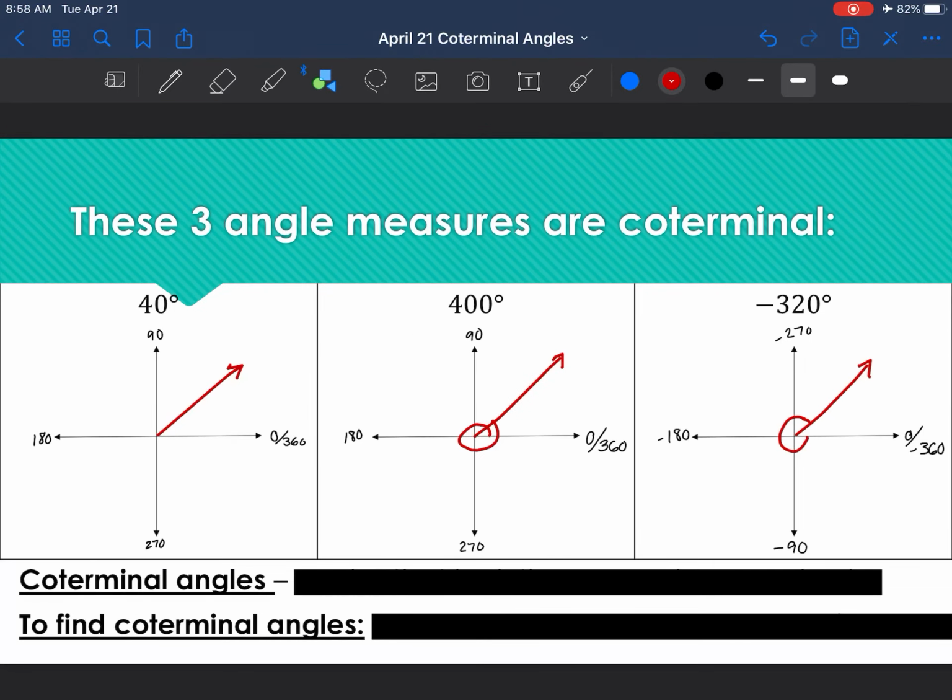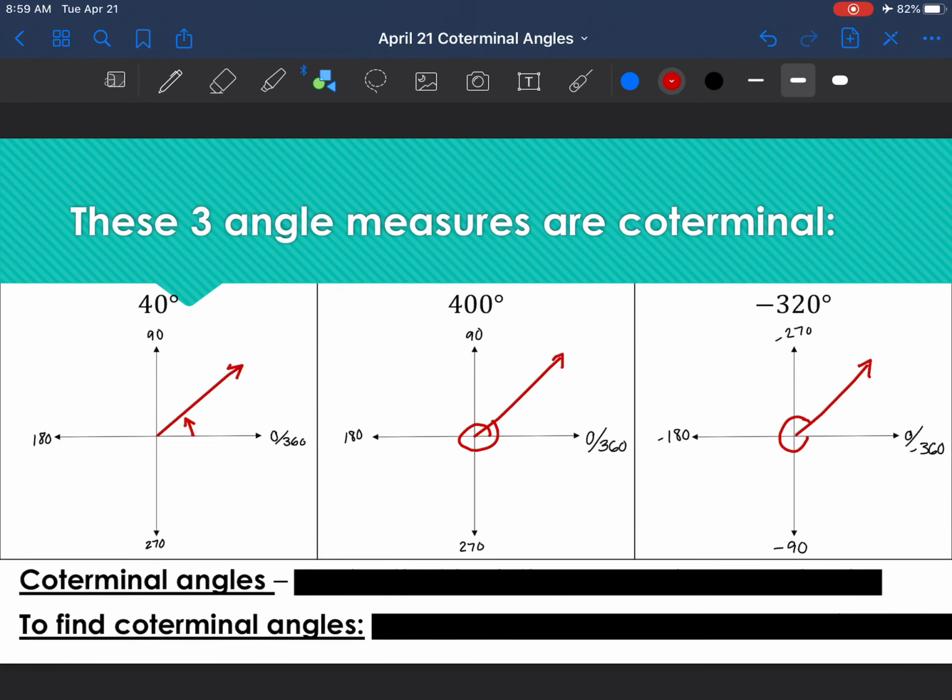So looking at these 3 angle measures, 40 degrees, 400 degrees, and negative 320, what do you notice about them? They look the exact same. Now some of them only took a small rotation, like the first one only rotated a little bit. Then the 400 degrees took a full rotation, past a full rotation, and then the negative was backwards.